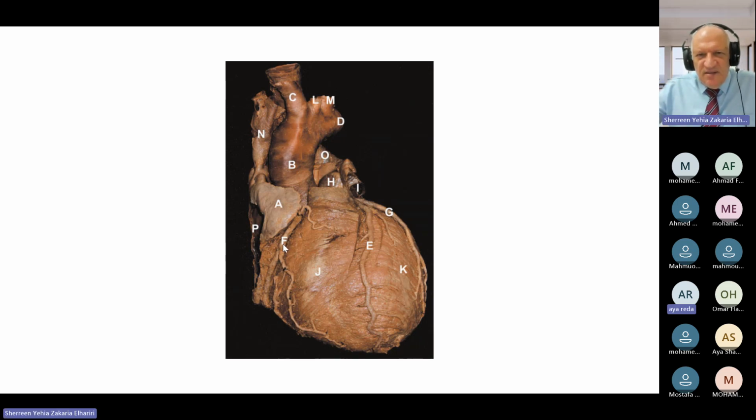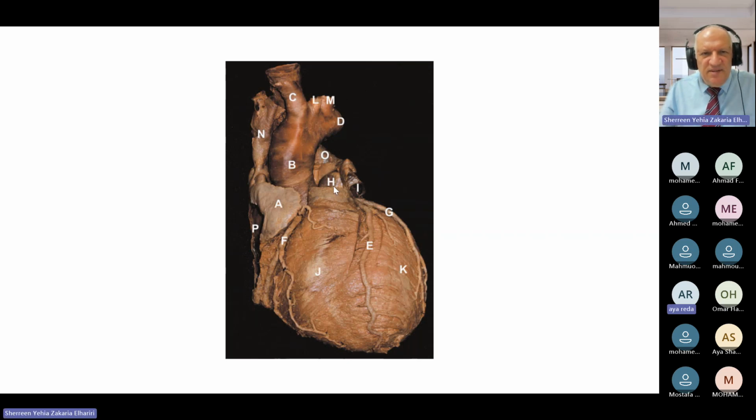G, I will check, but you can see H. H, it is pulmonary trunk.